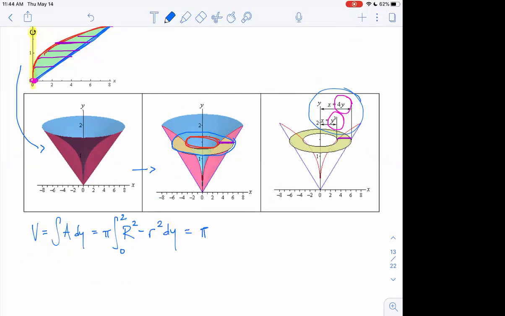So pi, the integral from 0 to 2 of the big R squared is 4y squared, okay, minus the little r is y cubed, and I'm going to square that. Okay, so together, that will help me find out what happens when I have a circle missing from the inside of a bigger circle.